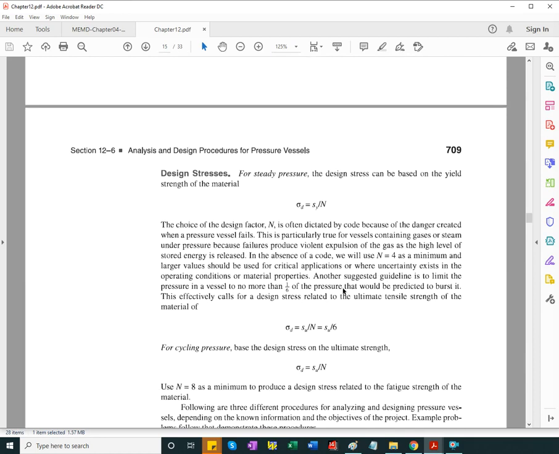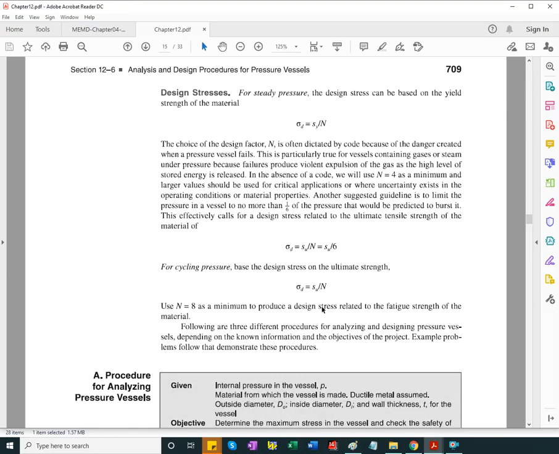Anyway, so we want to limit the design stress by a factor n relative to the yield strength. Usually 4 is the recommended design factor. Sometimes we relate it not to the yield strength but to the ultimate strength, with a design factor of 6 instead.